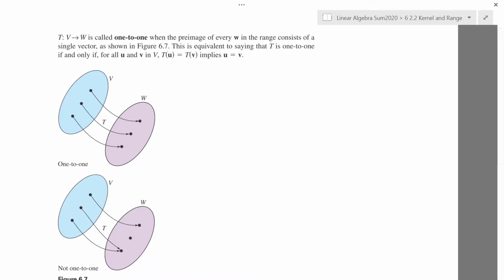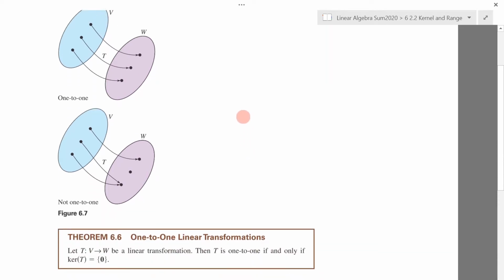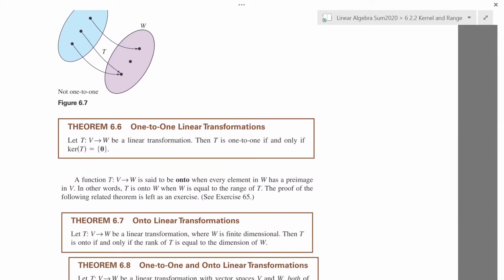We've seen previously that sometimes the preimage can have multiple elements, but for a function to be one-to-one, this can't happen. So that's what it means to be one-to-one, and onto means that the range is the same as the codomain.